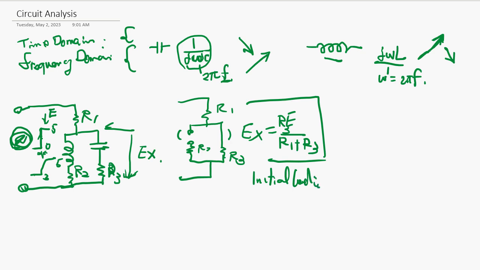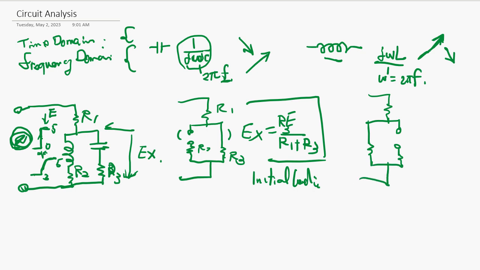Okay. On the other hand, after it goes steady, the voltage change becomes steady, right? So what happens? The ending condition is going to be the opposite way.